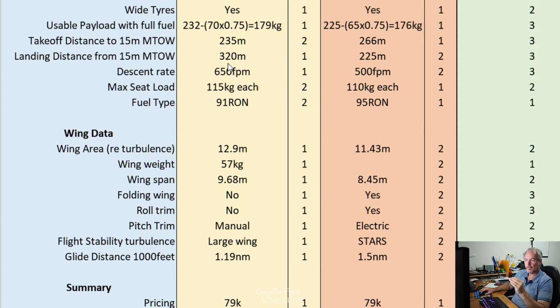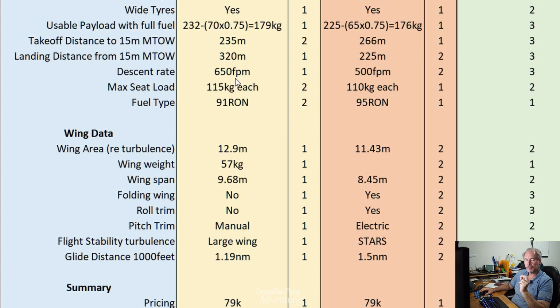So in both cases, the P&M was able to land and take off under 300 meters. In a sense, if you take both landing and takeoff distances into consideration, the P&M does better.